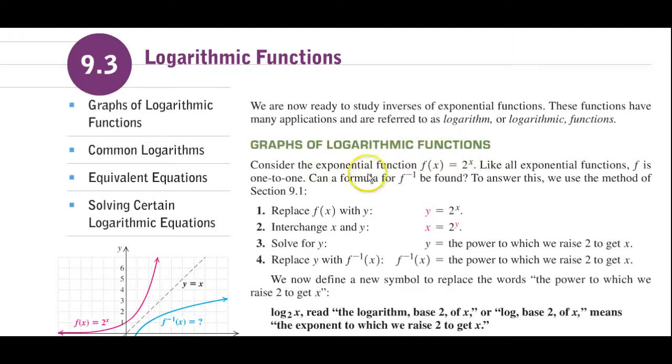Consider the exponential function that we worked with in the previous section. f of x is equal to 2 raised to the x power. Like all exponential functions, f needs to be one-to-one.